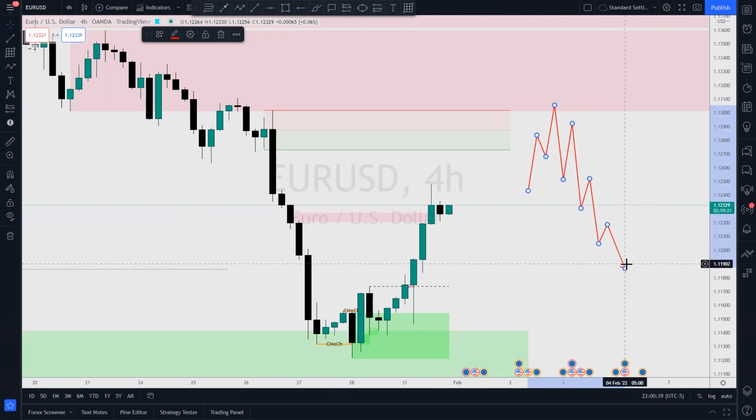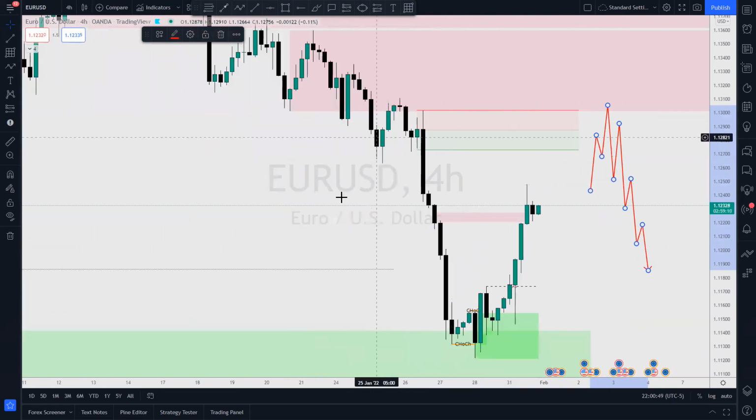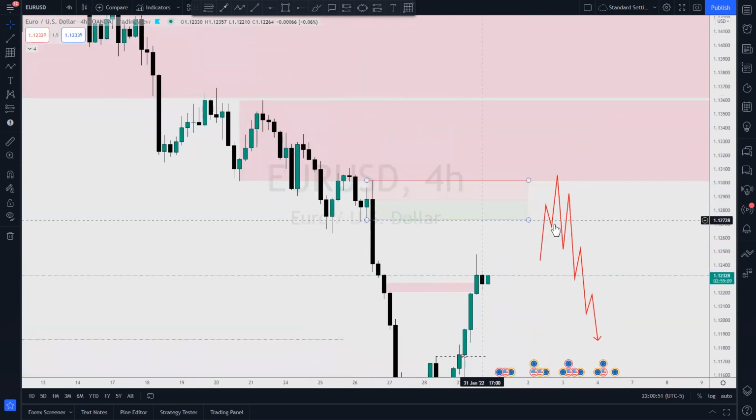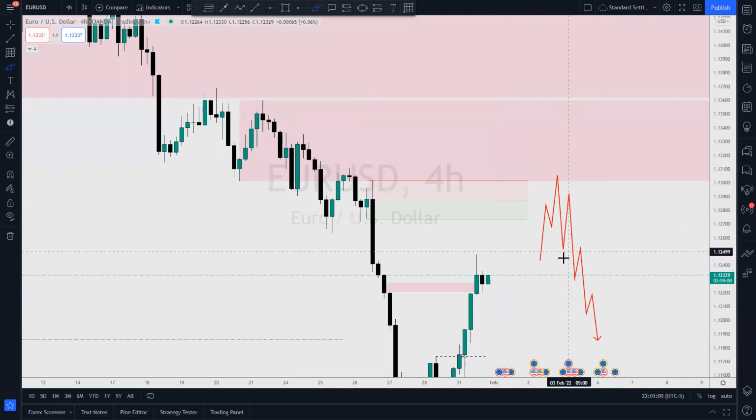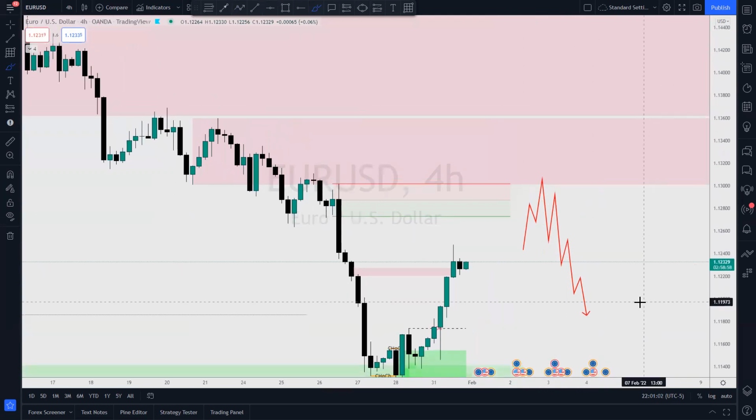I'm going to be looking for that on the lower time frames happening over here, the same way I looked for this down here. I'm looking for the inverse up here. Now, understand something though. If price decides it wants to continue up, I'm not going to stay married to this idea. This is the bias I come in with, but you've got to stay flexible.